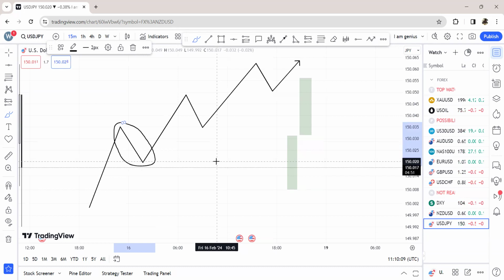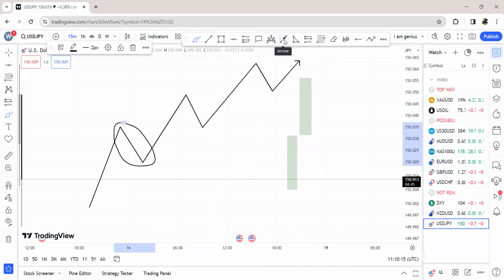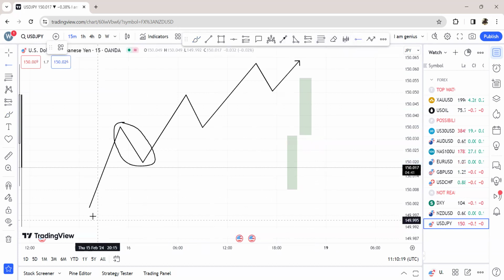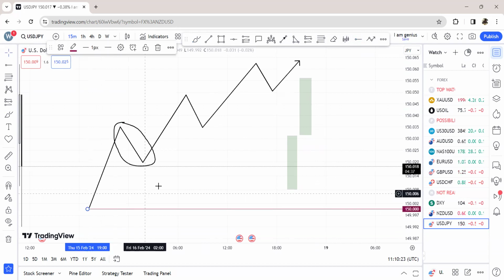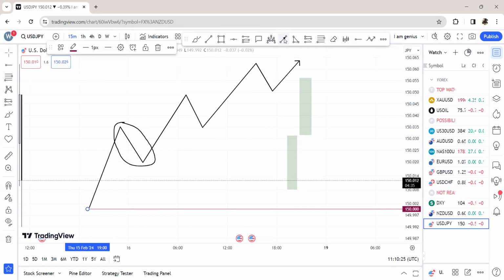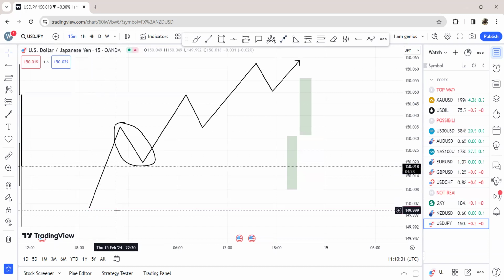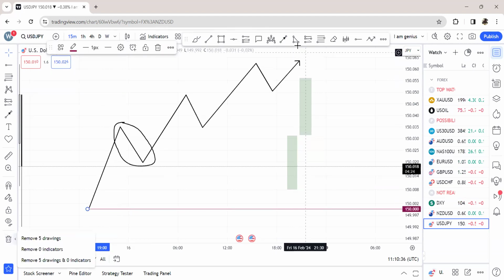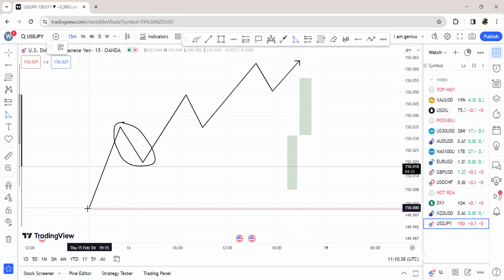The last one is the steepness of the impulsive move. If I was to draw a straight line here, let me put a horizontal line here and explain what I mean. We'll go back to some math a little bit.